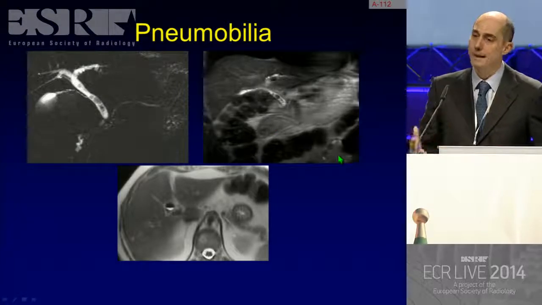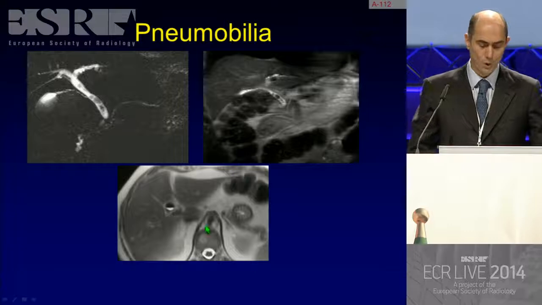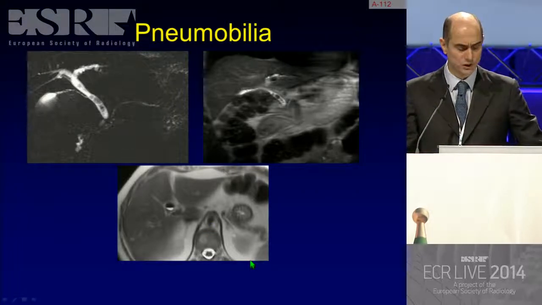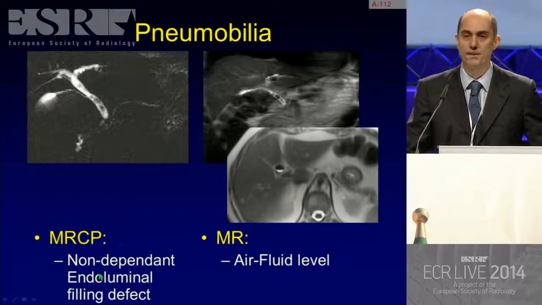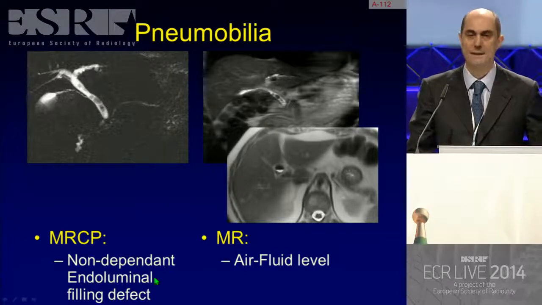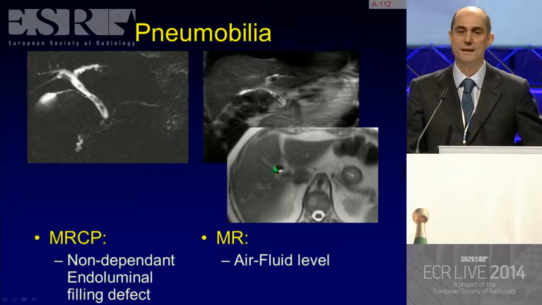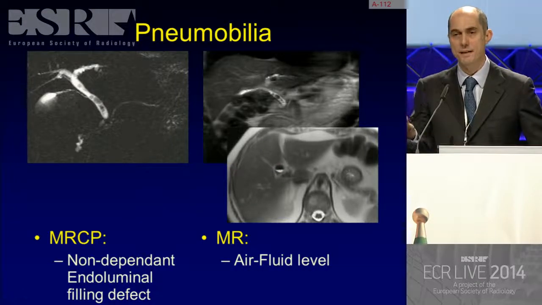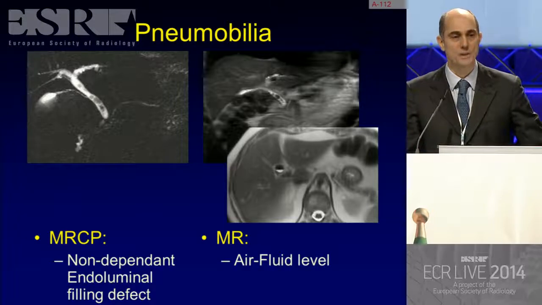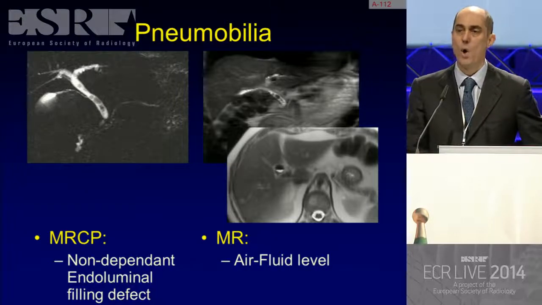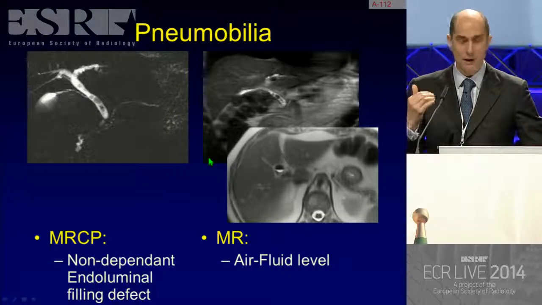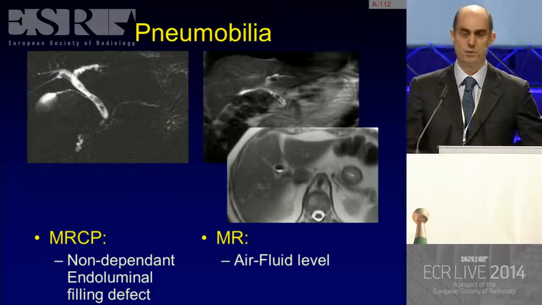So I recommend, and this is helpful, which are the signs that are helpful in the differential diagnosis? On the MRCP, it's a non-dependent endoluminal filling defect. This is also very important because the stone is heavy, so it goes adjacent to the dependent wall of the bile ducts, whereas air goes adjacent to the non-dependent wall.